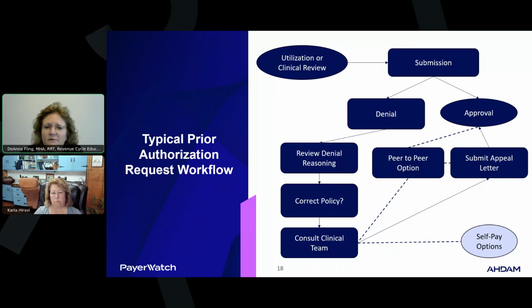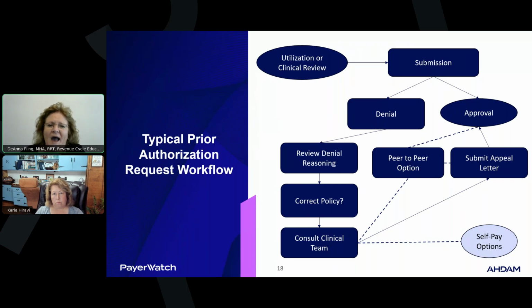So just as a high overview, let's review. I intentionally left out the front office process, so let's just assume that the front office did their job correctly and insurance verification was run appropriately, and that we are for certain the insurance is correct.